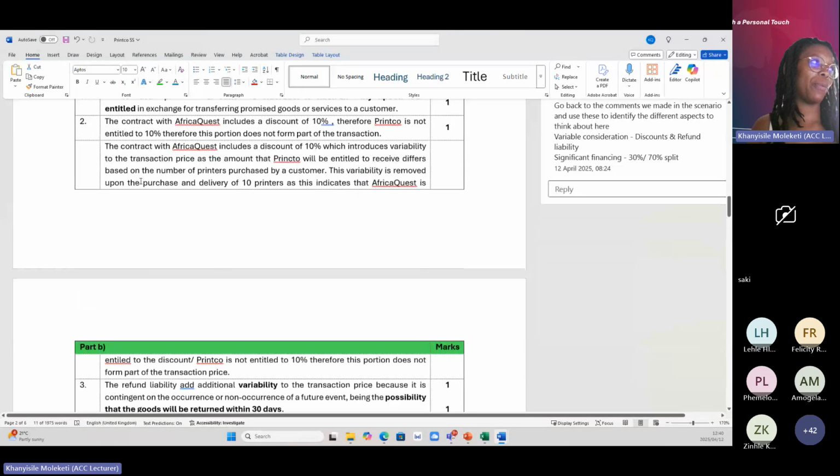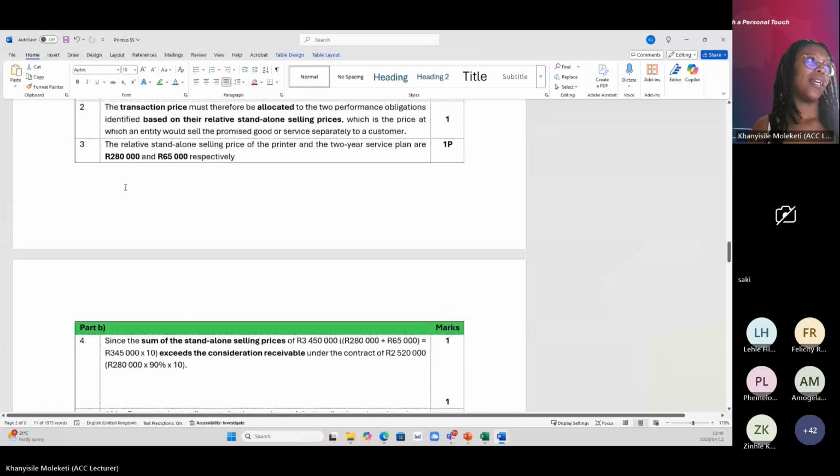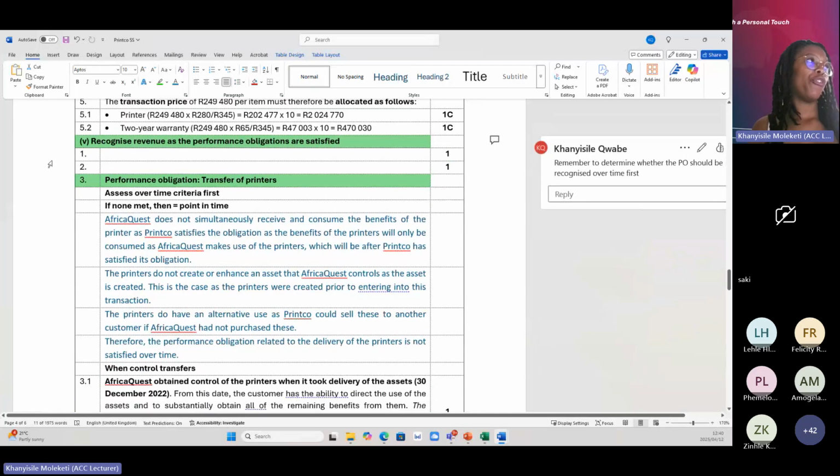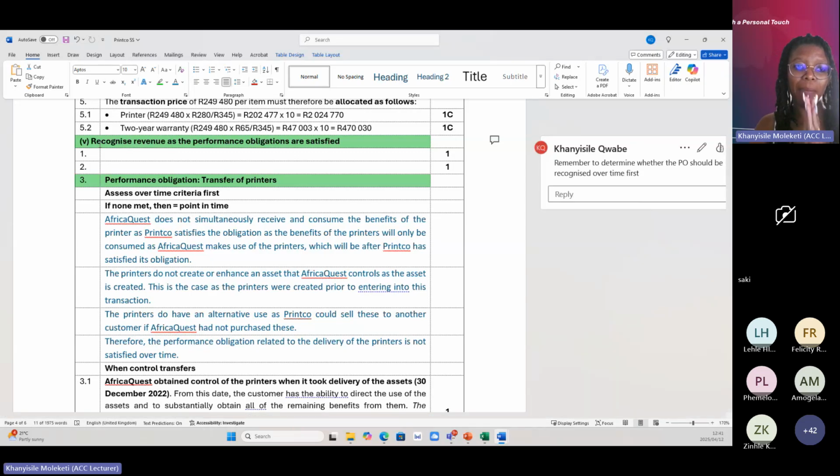Okay, so determine transaction price. Allocate transaction price after some space, and then recognize revenue. And when you get here, I would then say, okay, I can't do this yet because I haven't assessed the POs, but I know now all 5 steps. I am happy. Okay, I am happy. I'm feeling calm because that's another thing about planning. Another thing about planning is it gives you time to calm down.